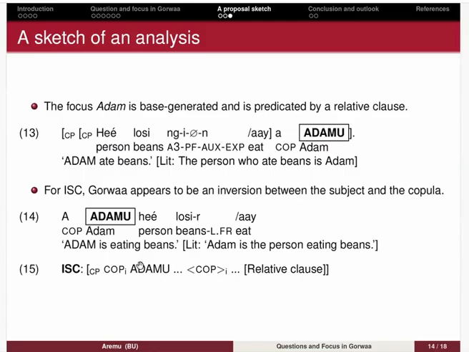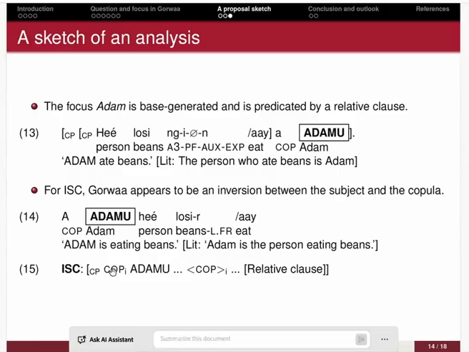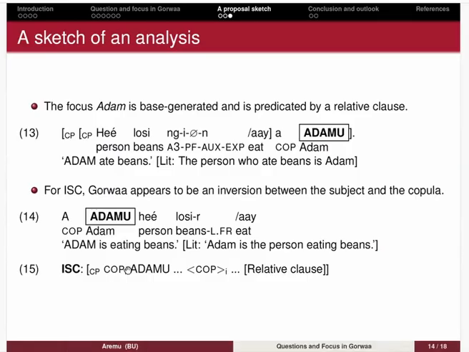What you have is Adam, copula, relative clause, but then there is a kind of head movement going on so that we can have the copula preceding Adam, right? There are many ways we can assume this. It can be that this copula is in a PredP somewhere here, and then it moves to the C head, but basically what we have is just the way the linearization will look.